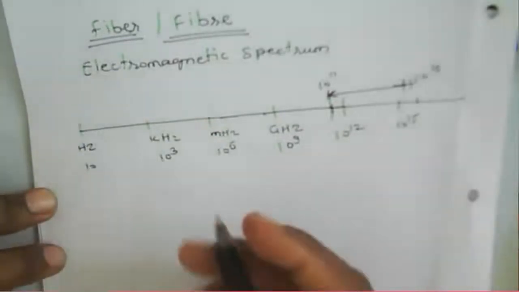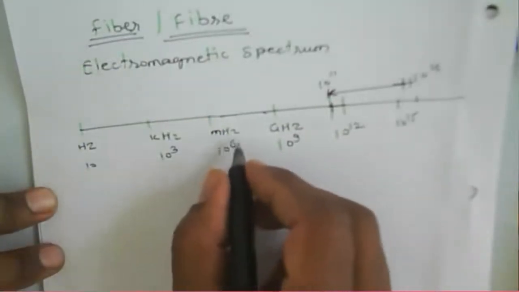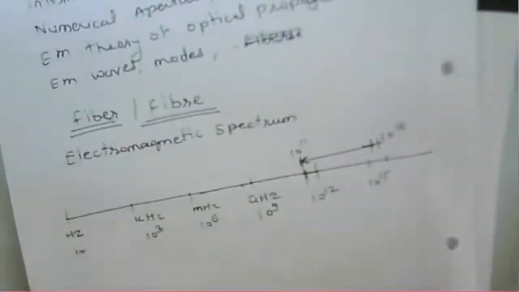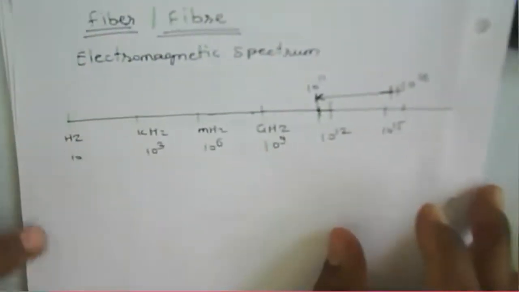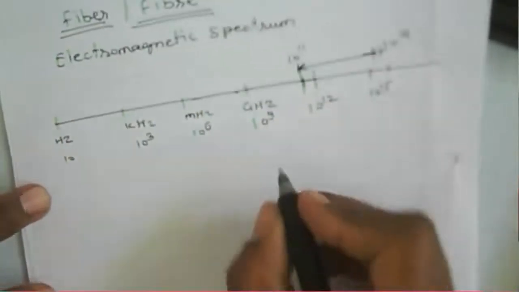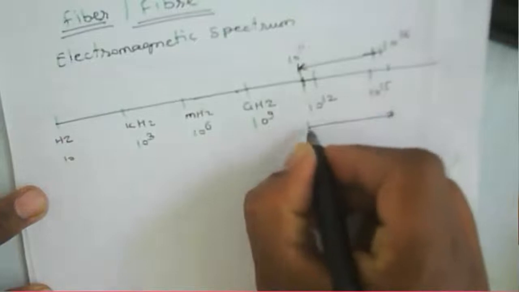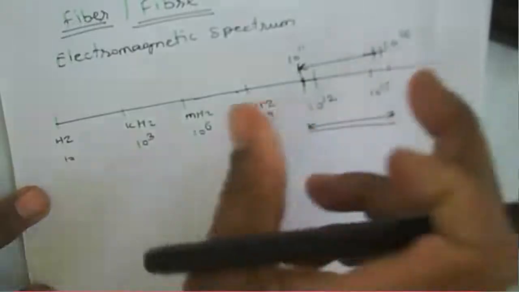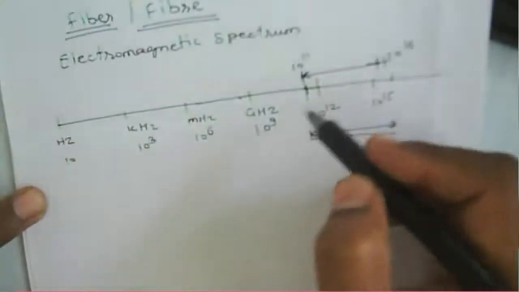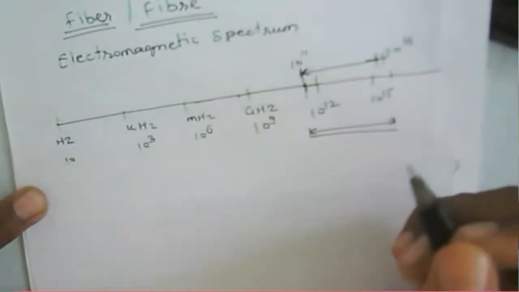So here we are not interested in the frequency, we are interested in the wavelength. What will be the wavelength of that particular light source? Now, since it is a large frequency band, any electromagnetic spectrum is at the highest value of the frequency.